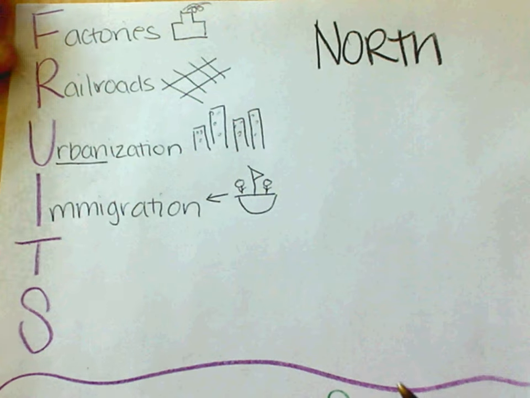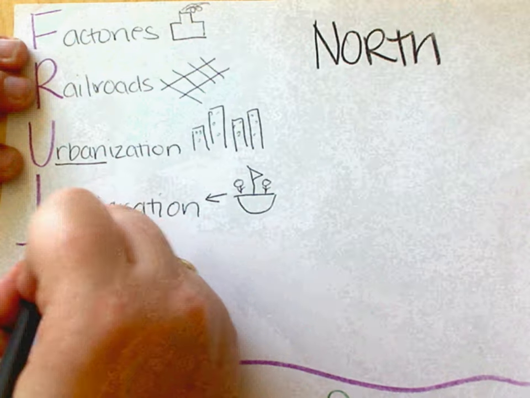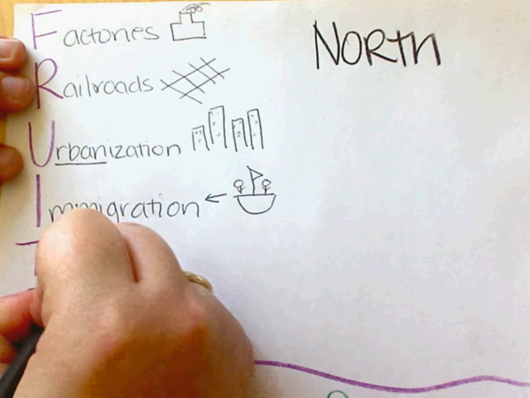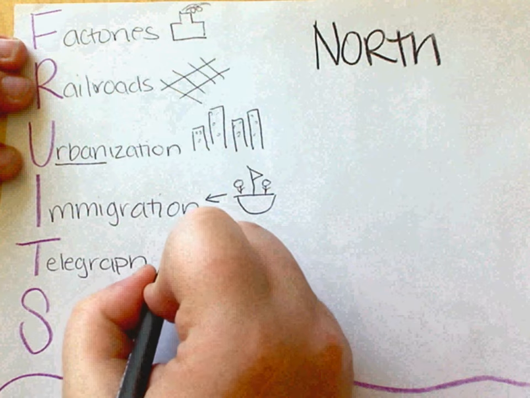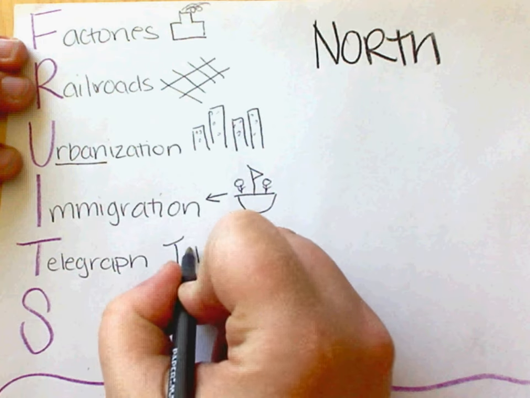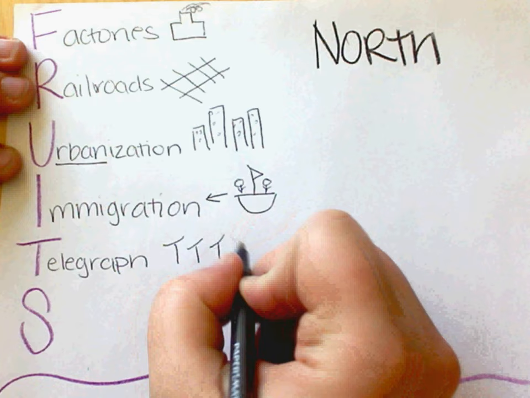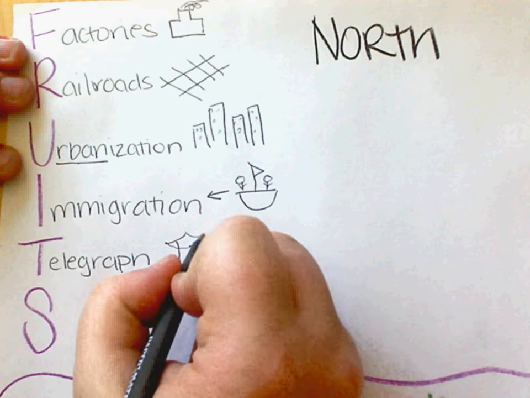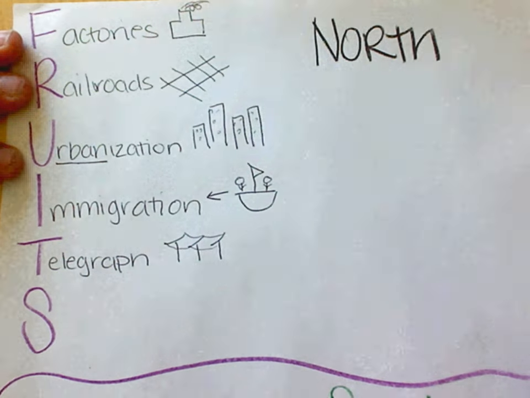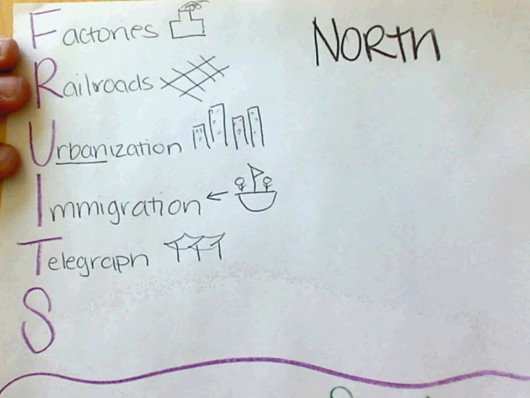The T is for the telegraph, which is a distinct increase in communication. So again, my telegraph lines are going to look like this. I explained it to my classes. It's like the longest version of a text message ever. You go to the telegraph office to write a telegram.